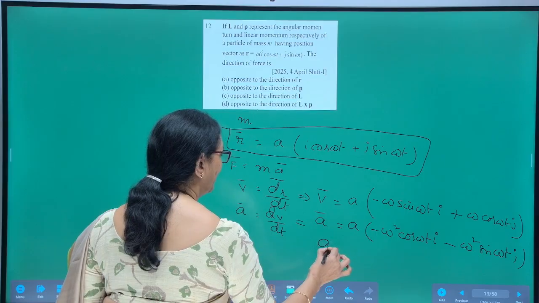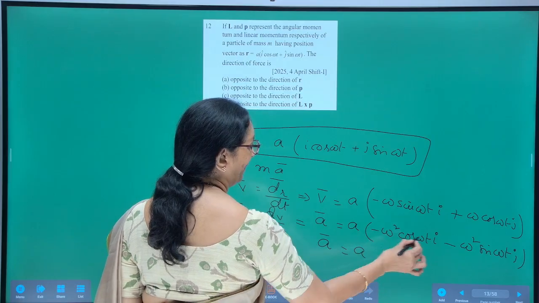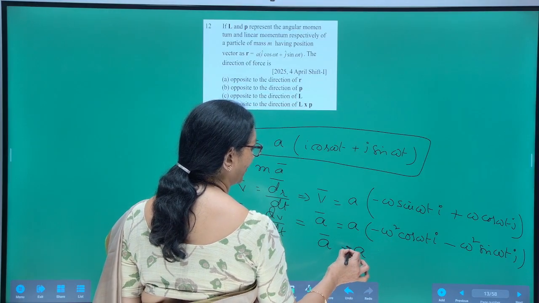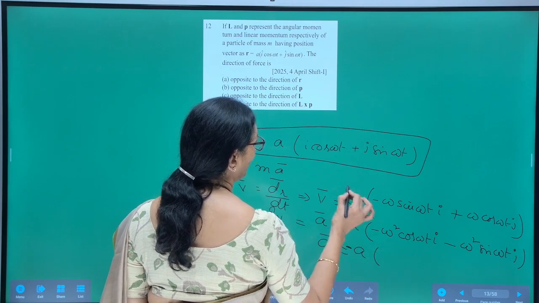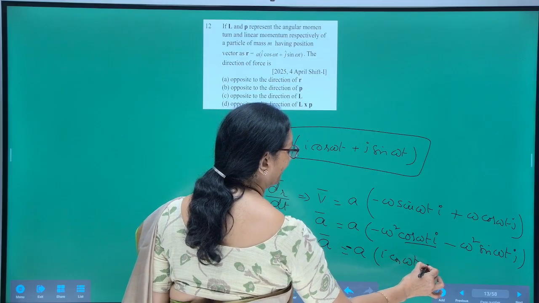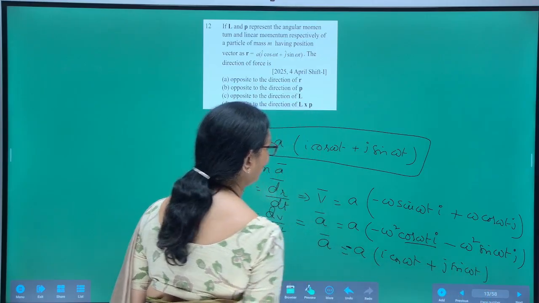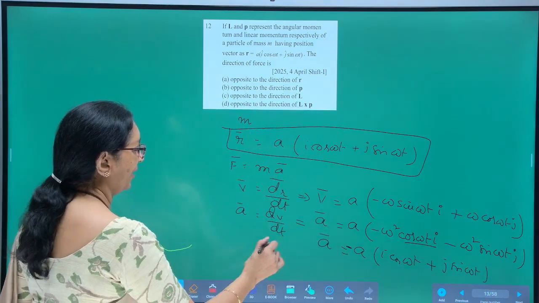If you look at this, if you take that minus sign outside, minus (i cos omega t plus j sin omega t), because you have taken that negative sign outside.